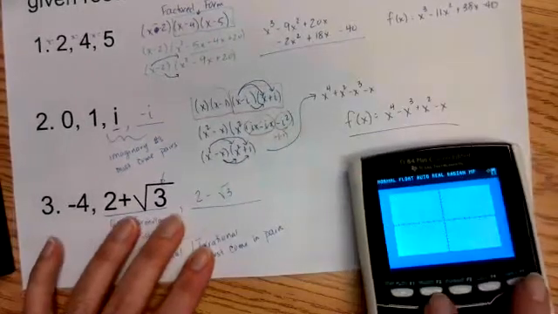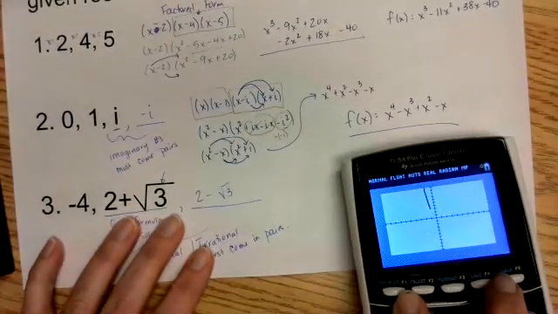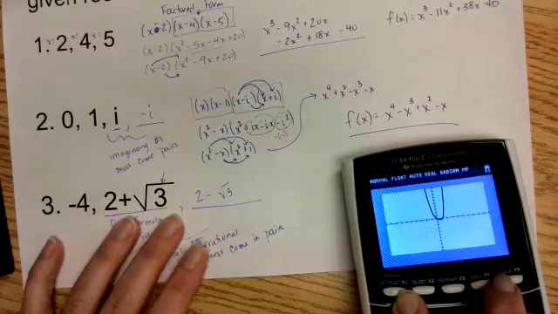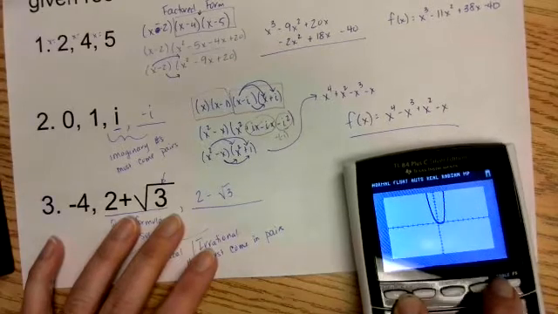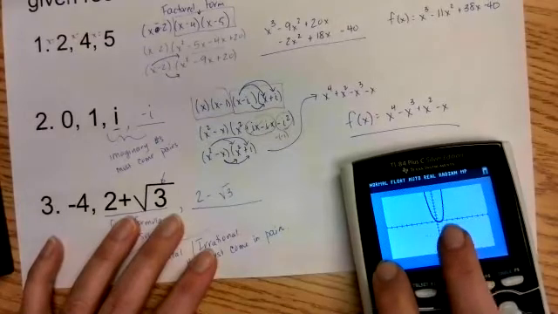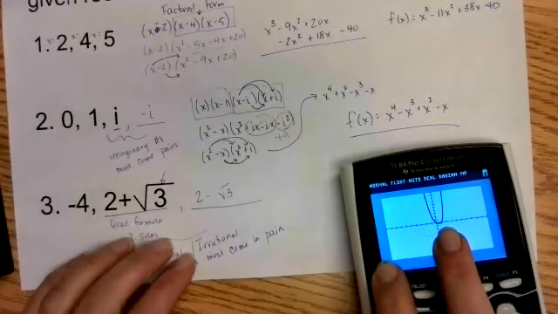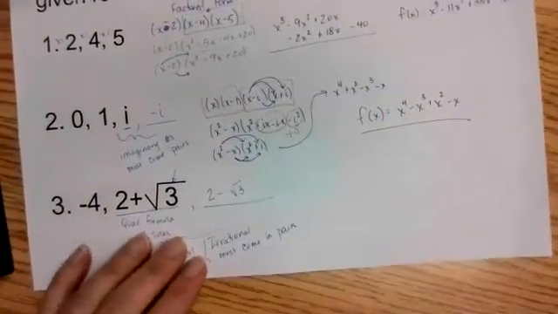All right, so here is my graph. It's still thinking. So there's 0, there's 1. So I have degree 4. I'm not seeing my 2 imaginary solutions, but I have a total of 4 solutions. So it looks like a parabola, but I have some weird things happening down here. It kind of levels off, but only touches the x-axis 2 times. The other 2 solutions will be imaginary.